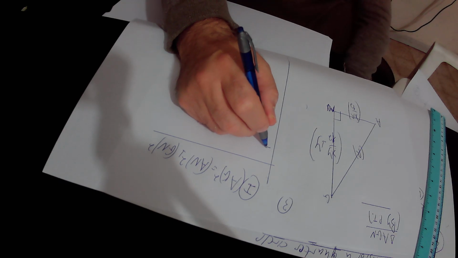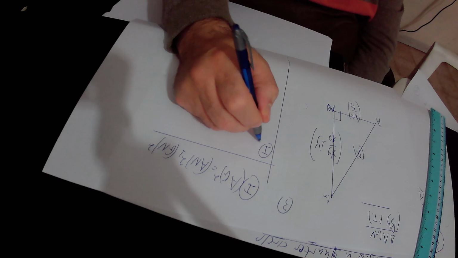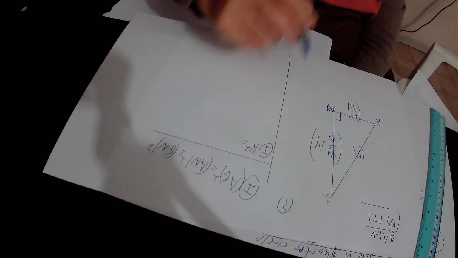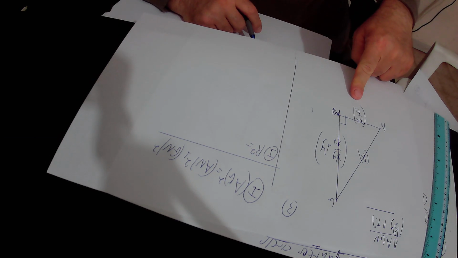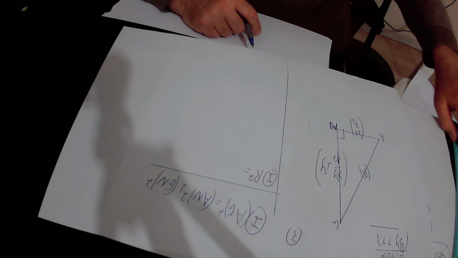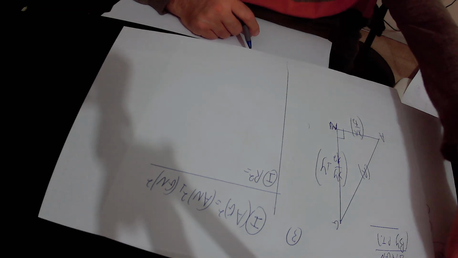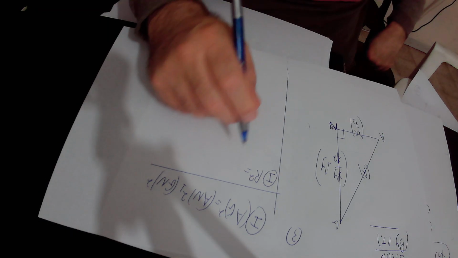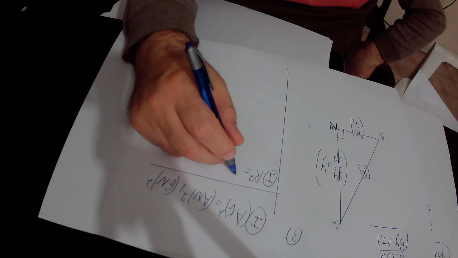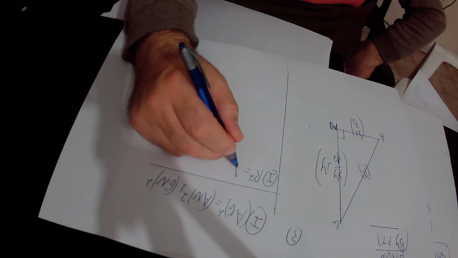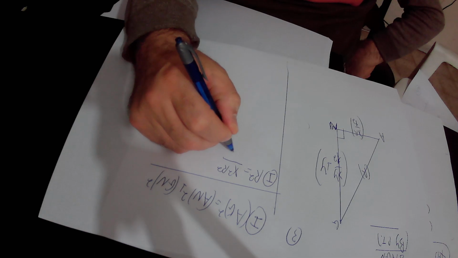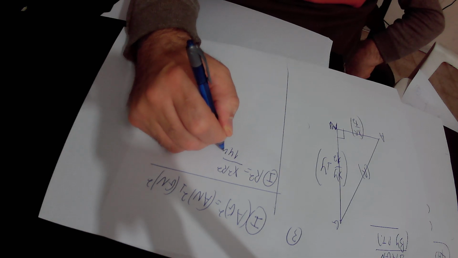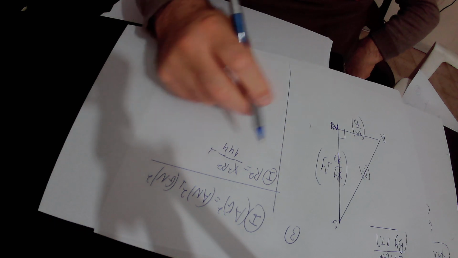AG is R, therefore AG square is R square, and it equals AN square. AN is XR over 12, therefore AN square equals XR over 12 squared, which equals x square times R square over 12 square, that is 144, plus GN square.